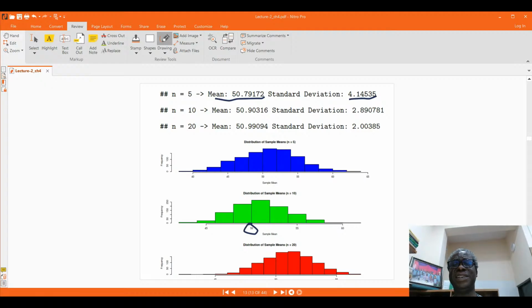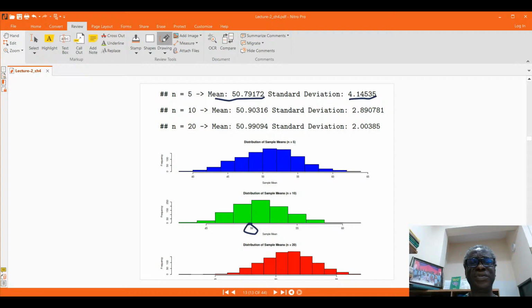You can see the effect of the sample size: increasing the sample size from 5 to 10 has led to the standard deviation of the sample means being reduced from 4.14 to 2.89.